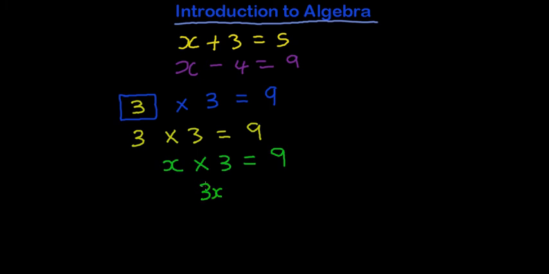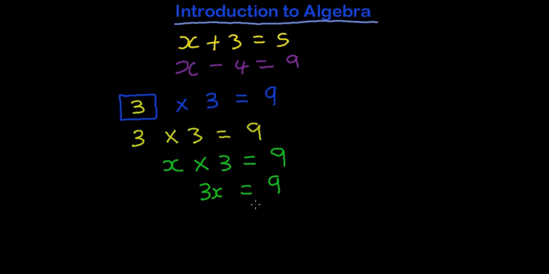It will be written like this because they look so similar. So 3x equals 9. That is what you see in algebra.